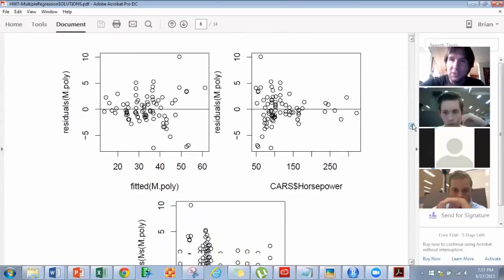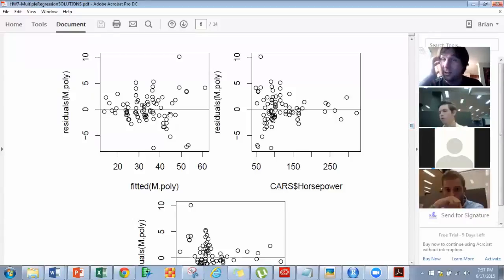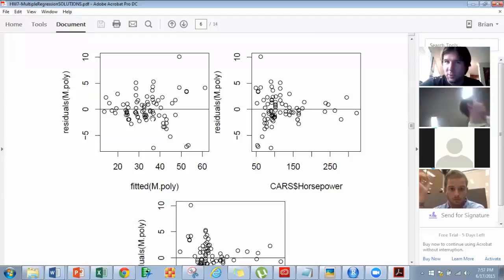I actually disagree with the key on this. The plots on this one, like this plot right here is your main concern, because it's your residual model. When I look at this right here, this is what you got, right? Yeah, that's what I got.